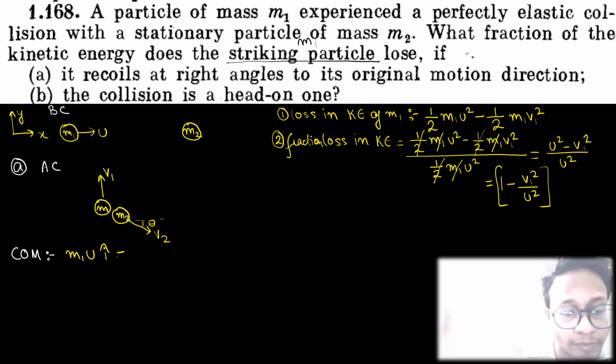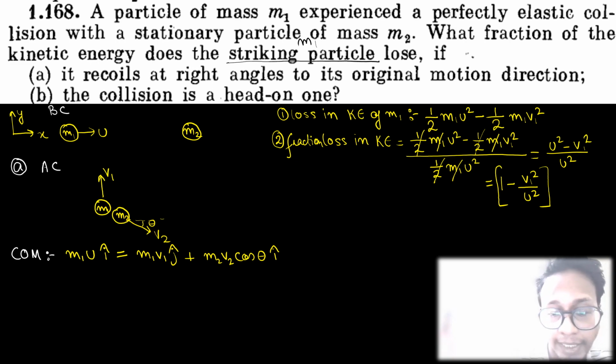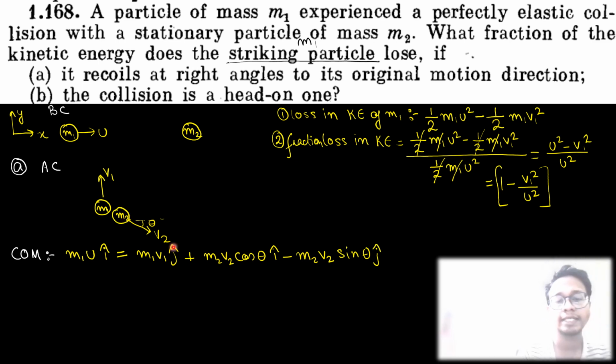What is the total final momentum of the system? M1 V1 j cap, plus M2 also has some velocity, no? Plus m2 v2 cos theta i cap, the component of this momentum along x-axis, minus m2 v2 sin theta j cap, the component of this momentum along this axis.